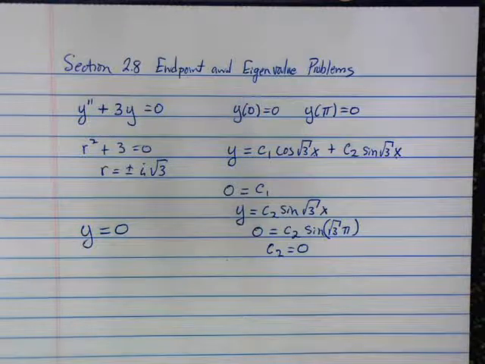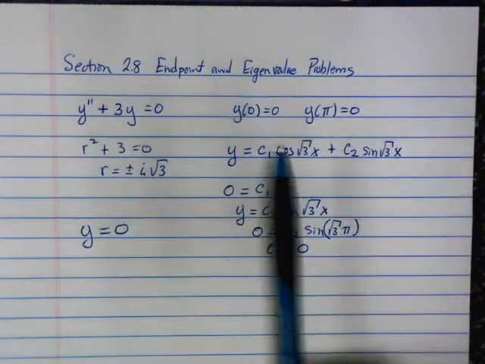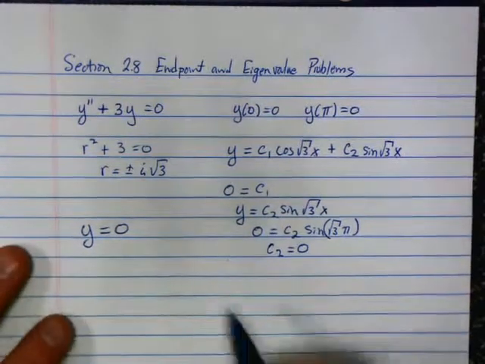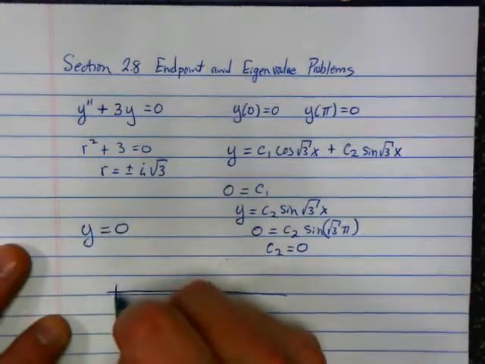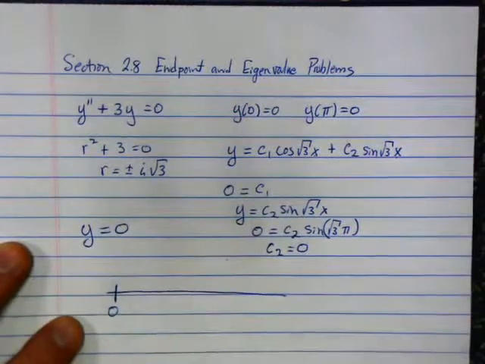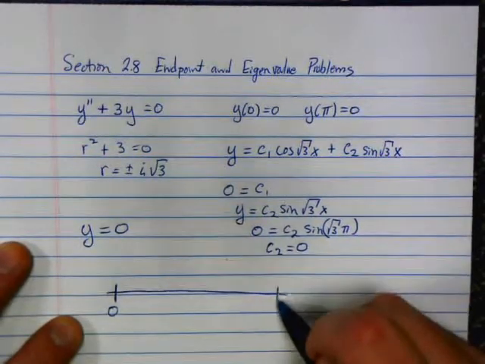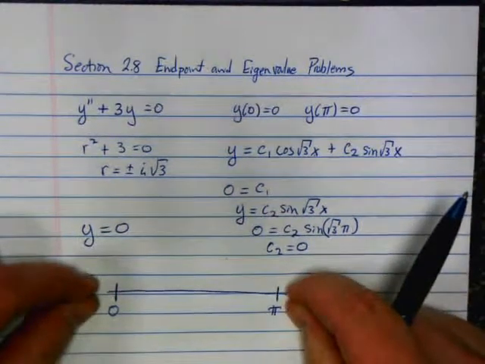These are called endpoints, right? I'm giving you two conditions. You can think of a string. You're holding the string here. We're calling this position 0, and it's at height 0. And then you're holding the string a length of pi later.